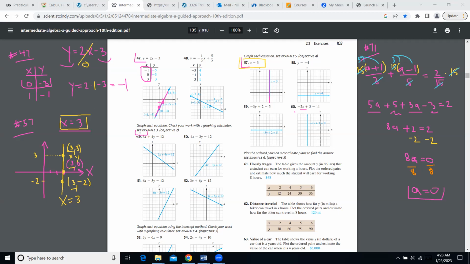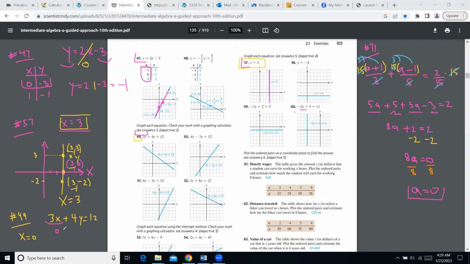So I'm going to try to do problem 49 just to verify that the line they graphed here is exactly how it looks. So they are graphing 3x plus 4 times y equal to 12. And what I can do is place 0 instead of x and see what will come out for y if I substitute 0 here in my equation, right?